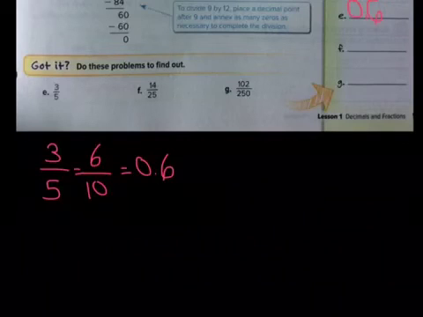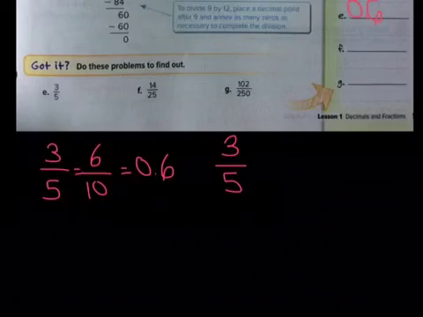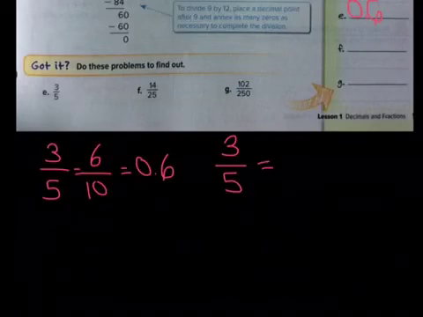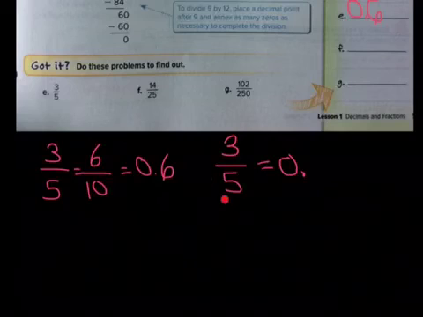Now let's do it another way. I taught this trick to my 5th graders last year, and I hope it works for you this year. If we have 3 over 5, let's just pretend, we know that this is going to be a fraction, right? So let's just put the 0 with the decimal there, because then we know it's going to be a decimal, because a proper fraction is a number between 0 and 1.